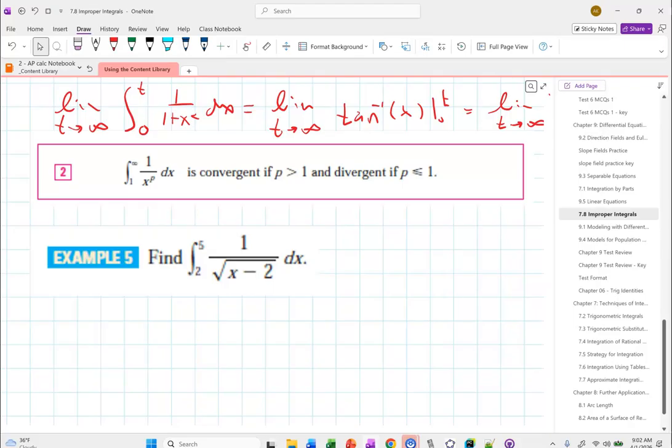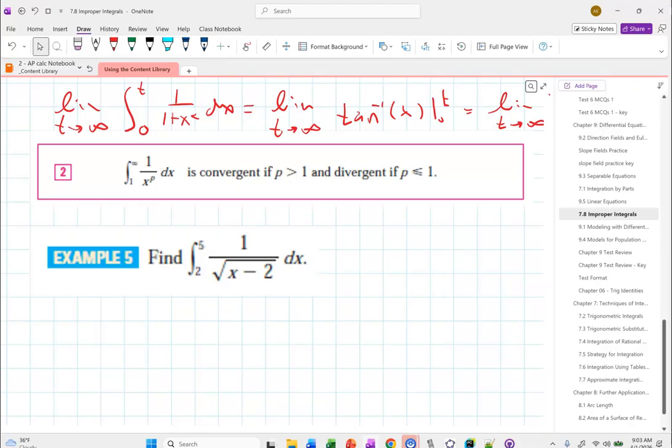This is basically the p-test that says if you have a fraction 1 over x to the p, that series is going to converge. Because remember, an integral is really just an infinite series, right? You're adding up infinitely many rectangles. That's what an integral is. So it's really just an infinite series.